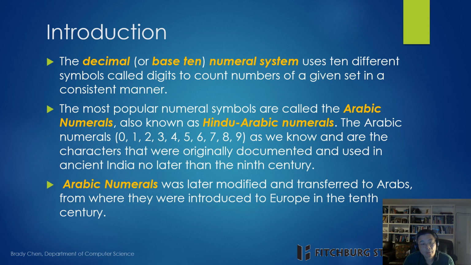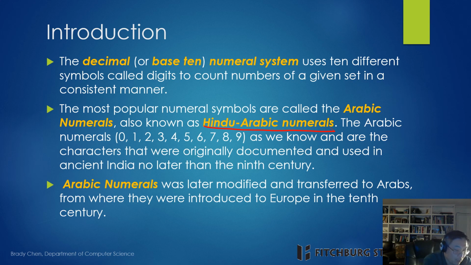Okay, so let's talk about the decimal or base 10 numeral system. The decimal numeral system uses 10 different symbols. We call these 10 different symbols digits, to count numbers of a given set in a consistent manner. The most popular numeral systems are called Arabic numerals. Sometimes we also call these Indo-Arabic numerals.